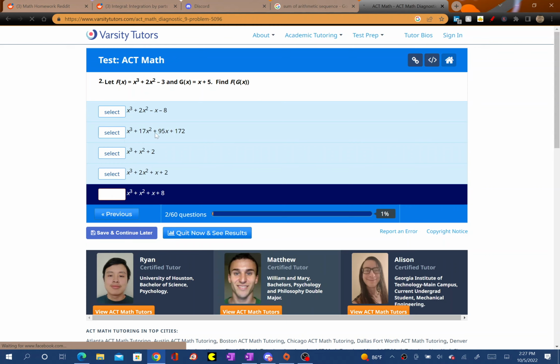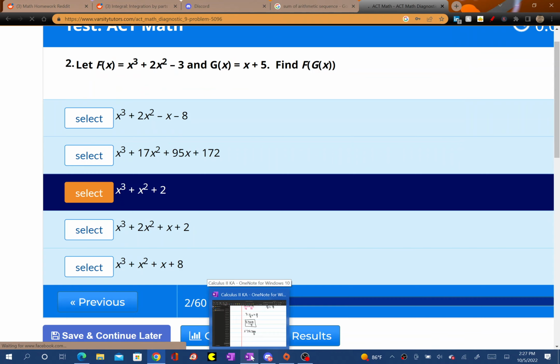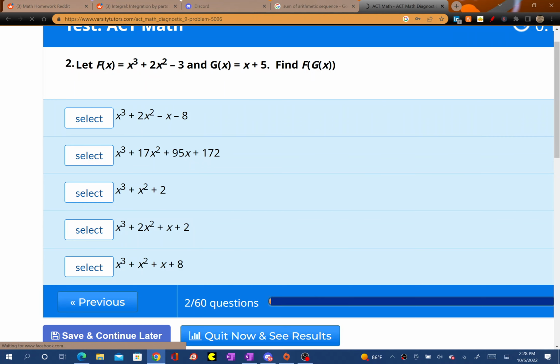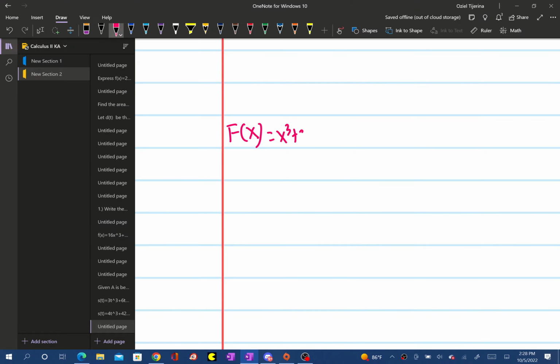The second question says, let f of x equal x cubed plus 2x squared minus 3, and g of x equals x plus 5. Find f of g of x. So f of x, like we said, was x cubed plus 2x squared minus 3, and g of x is x plus 5, and we want to find f of g of x.